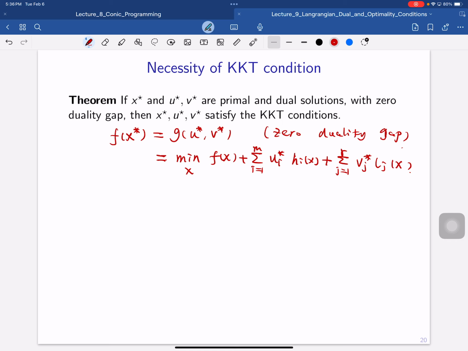Okay, so with that, I will argue that this is less than or equal to, since we are minimizing over x, when you plug in x star. X star is just a primal optimal solution. So this must be less than or equal to f(x star) plus the sum from 1 to m.